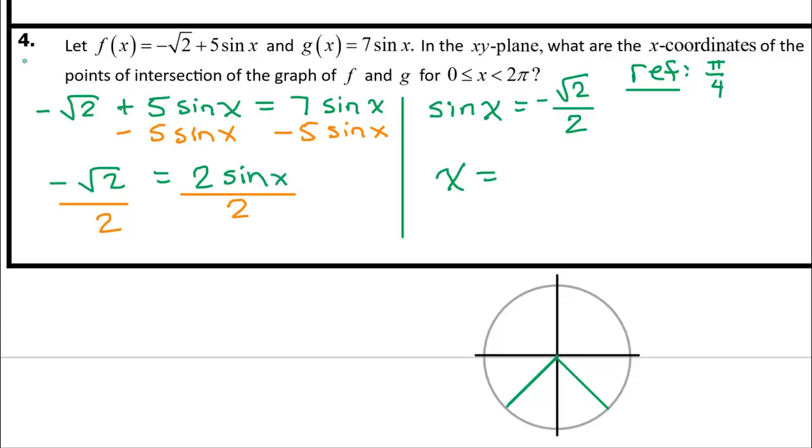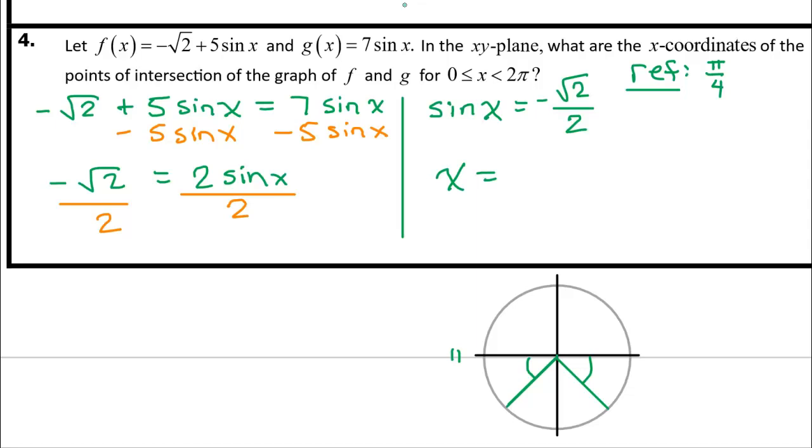Sine is the y value on the unit circle. So since we need sine to be negative, that will only be in the quadrants where y values are negative. So quadrants 3 and 4. If the reference angle is pi over 4, that means the size of this angle and this angle are both pi over 4. So what will be the measure of these angles if we go all the way from positive x all the way around, like this or like this? Well, I like to think of it this way.